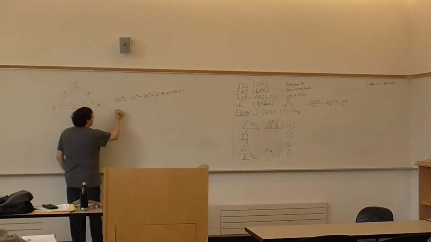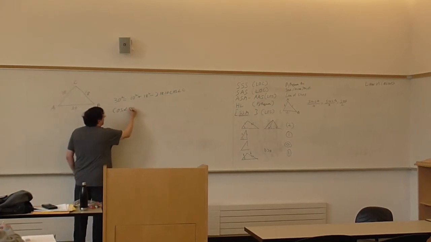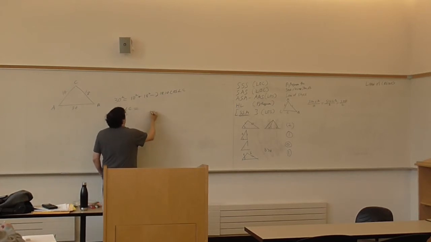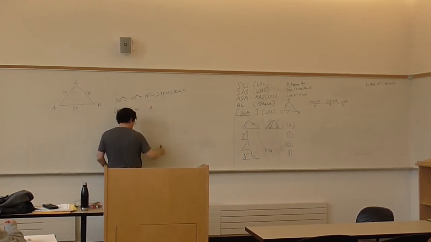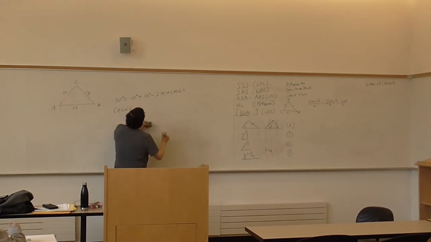All right. Let's jump to what we want. I might as well write it as 30 squared because I'm not going to square 18. I'm not that smart. Over minus 2 times 18 times 10.